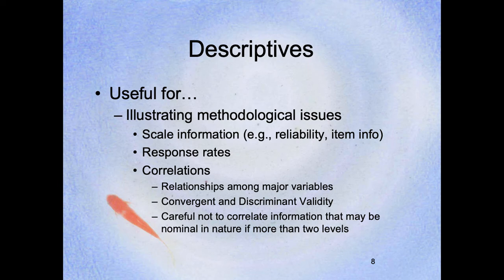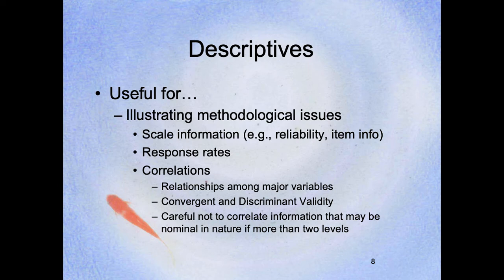So let's say you don't expect your anxiety scale to correlate with gender or sexuality, then you would see a non-significant correlation in that correlation matrix, and that adds discriminant validity. Those are more scale construction terms, but important to think about sometimes. Anyways, be careful not to correlate information that may not have the measurement scale that we expect.